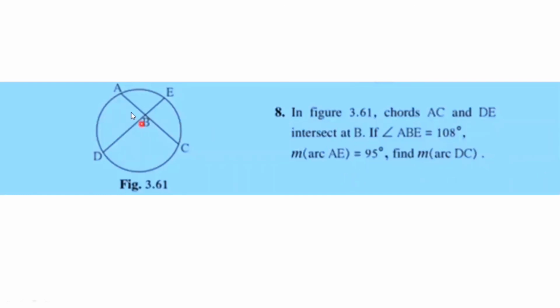We have another question. In figure, chords AC and DE intersect at point B. Angle ABE is given to be 108. Measure of arc AE is given to be 95 degrees. And from that we have to find measure arc DC. So as we can see in the diagram, we have to find measure of arc DC.